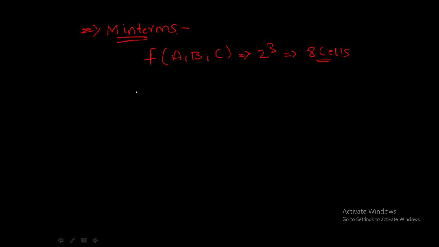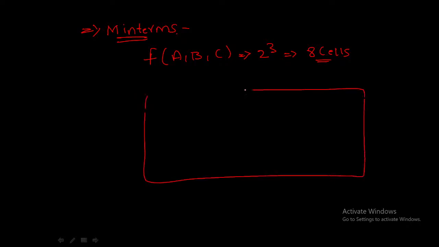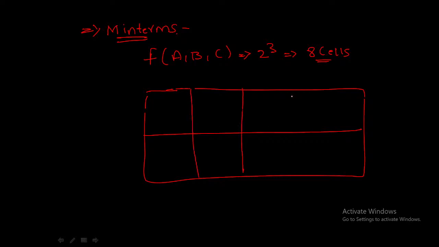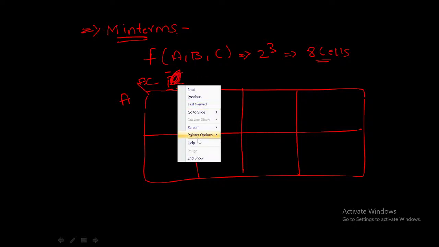How to draw the K-map for these three variables? So this is how we are going to draw a three variable K-map. We have A, B, C. Or you can write this representation with B bar, C bar; I will show you in later slides.